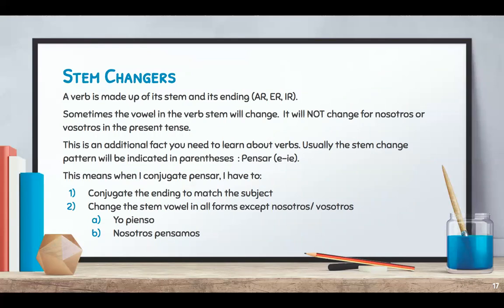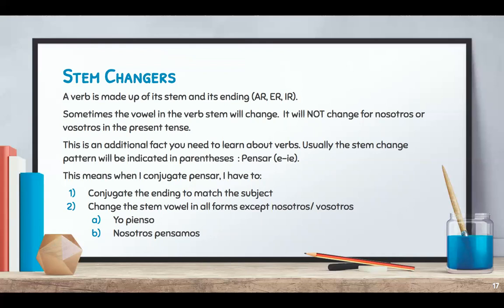So for some verbs, and there's not really rhyme or reason of which verb will do this, it's something you learn when you learn the verb. Sometimes the vowel in the verb stem will change. However, in the present tense, it will not change for nosotros or vosotros. Those get conjugated normally.